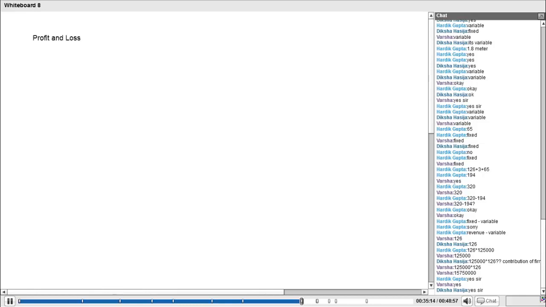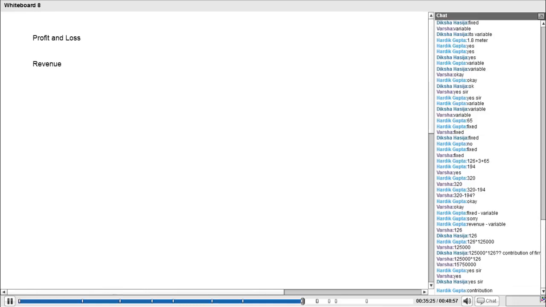We have understood sales and revenue, or let's call it only revenues now, so that all of us are clear. Then we understood costs, and we classified the costs as fixed and variable. And then we understood contribution as revenues minus variable costs.